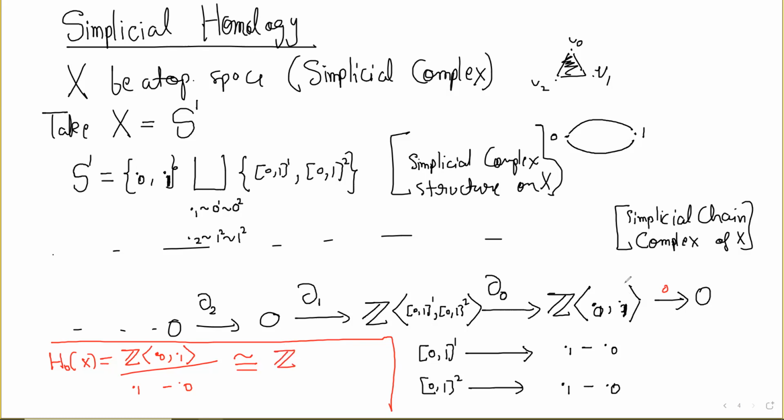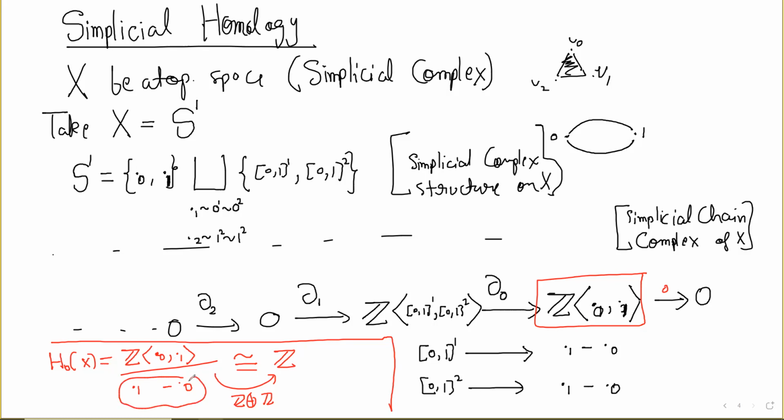Because you see, this is isomorphic to Z direct sum Z, right? Because as I said, this is the abelian group generated by these two things, not the free group, just the abelian group generated by these two things. So that was Z direct sum Z. And if you want to fill in the gaps, if you write this as Z direct sum Z, then the first Z is generated by 0, and the second Z is coming from this 1.